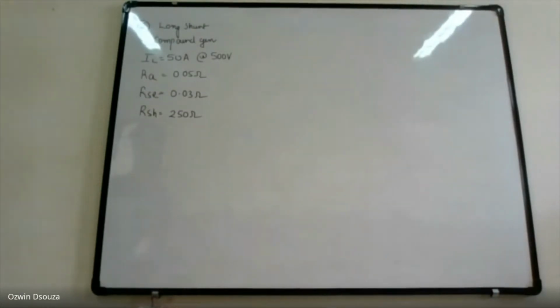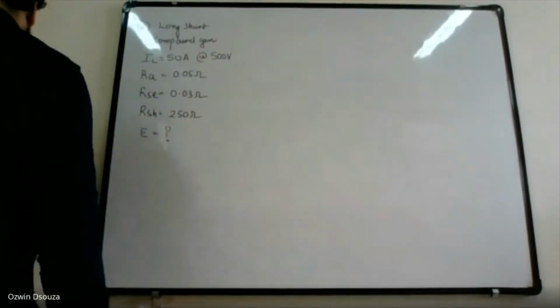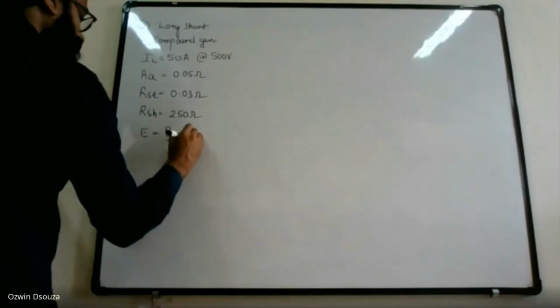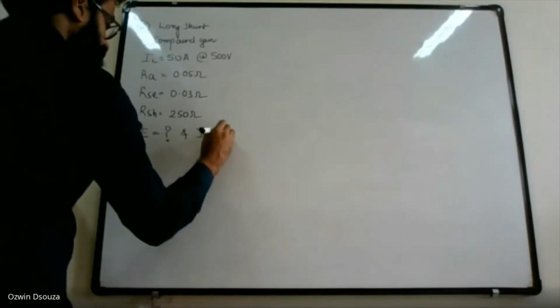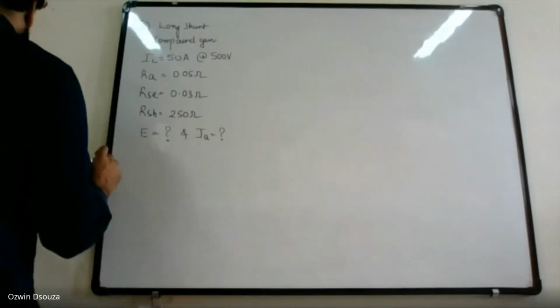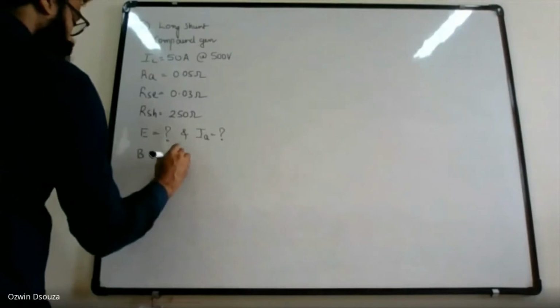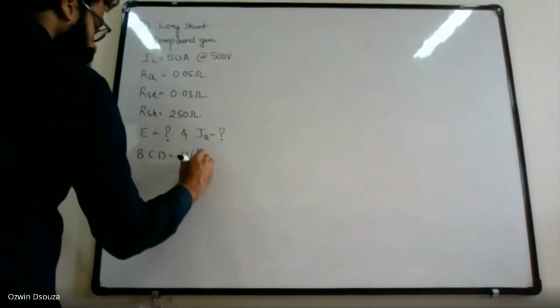Calculate the generated EMF and the armature current. Allow 1 volt per brush for contact drop. So brush contact drop is 1 volt per brush.